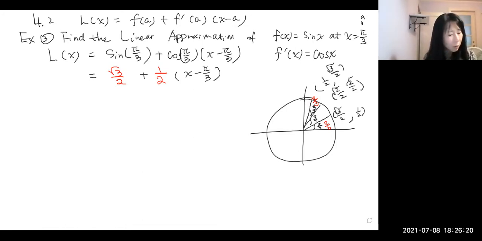Okay, so pi over 3 radians is equivalent to 60 degrees. So they want to approximate at 62 degrees, okay?